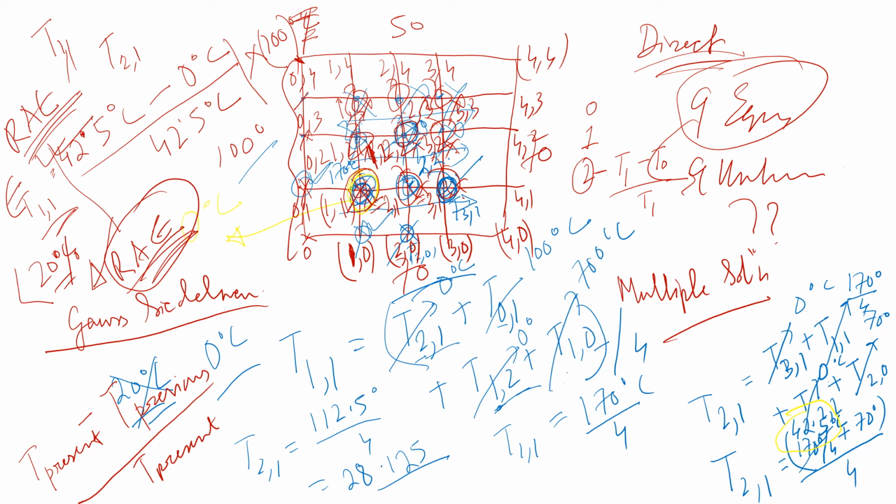Sorry, there is a mistake again. So this will be your T2, then T1, then T1. Is it correct? No. So the correct form is relative.